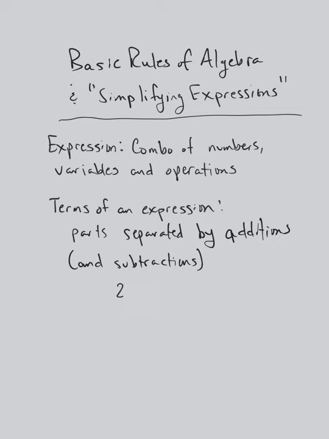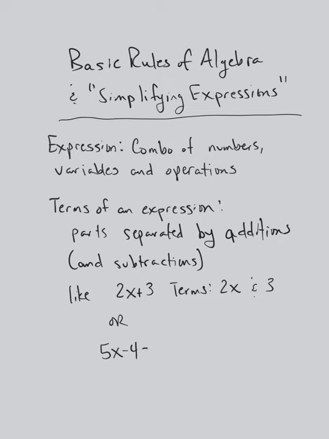So say I have, first of all, 2x plus 3, like that, then there's two terms in that expression, because there's an addition. We're talking about the parts separated by the additions. So the terms are 2x and 3. But if I have something like 5x minus 4, that's separated by a subtraction, but we want to keep up with the fact that that is a subtraction.